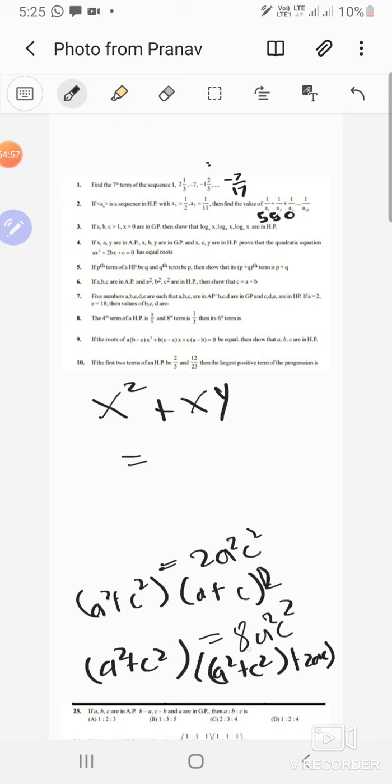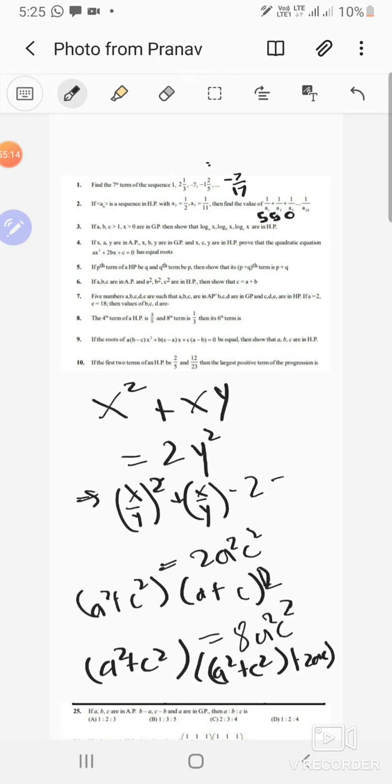This is supposed to be 2 into Y squared. Yes, that gives me X by Y whole squared plus X by Y minus 2 equals 0.